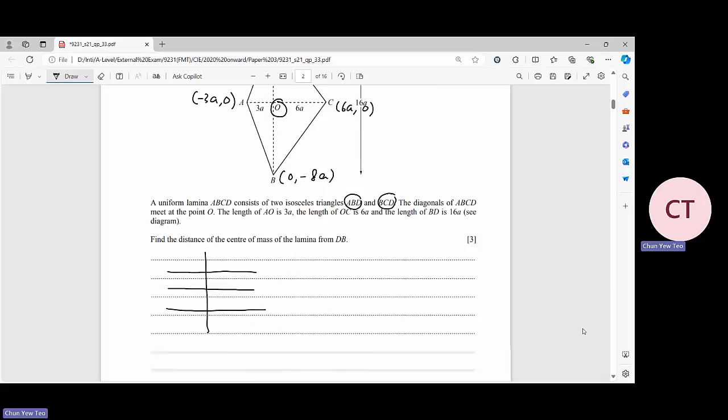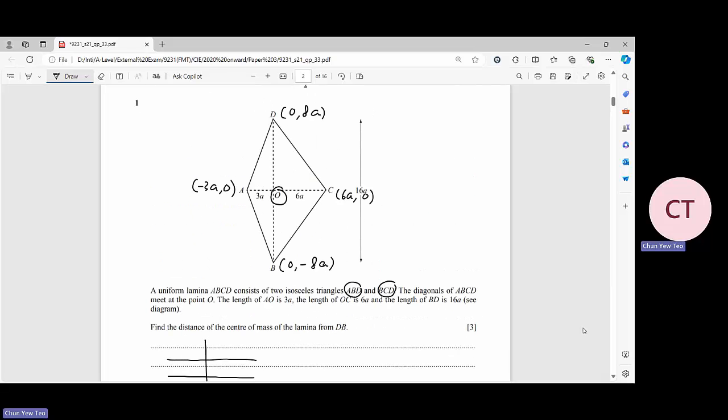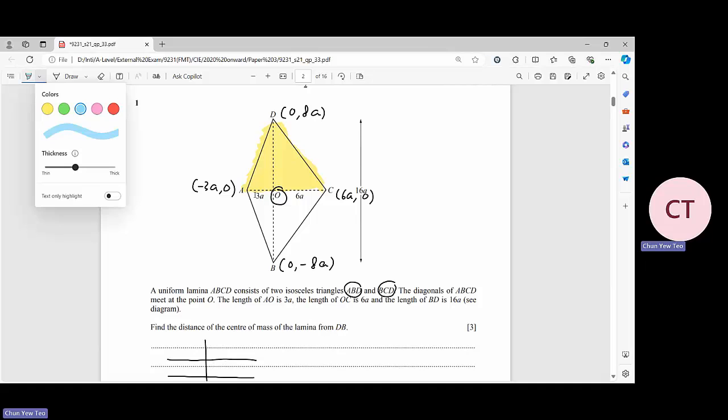Then I will consider the triangle ADC, this triangle, and consider the other triangle like this separately.